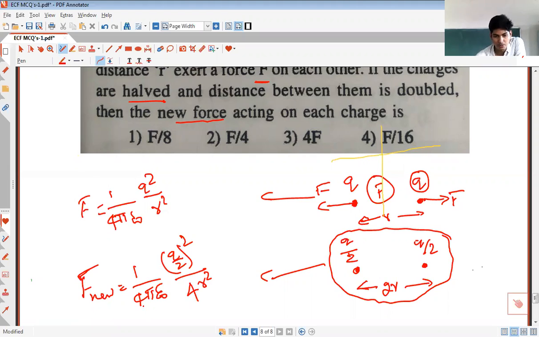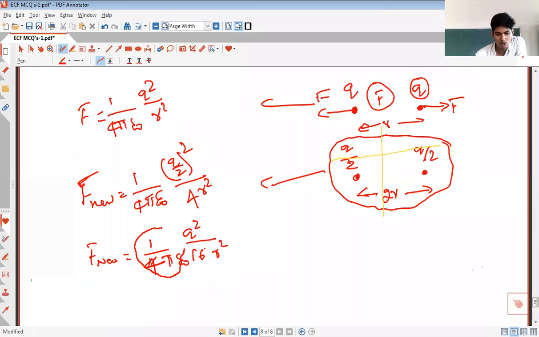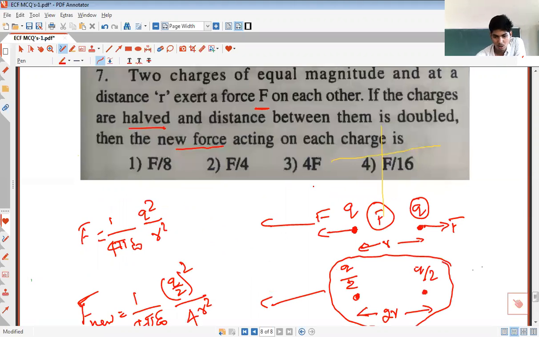So this must be F new is equal to 1 by 4πε0 Q square by 4 into 4 is 16 r square. So 1 by 4πε0 Q square by r square is F. So F by 16. So the option is 4.